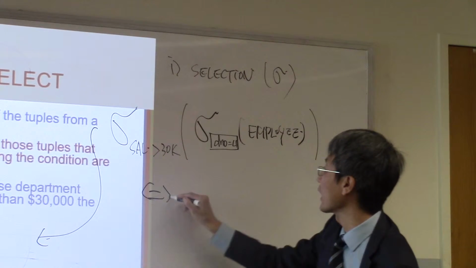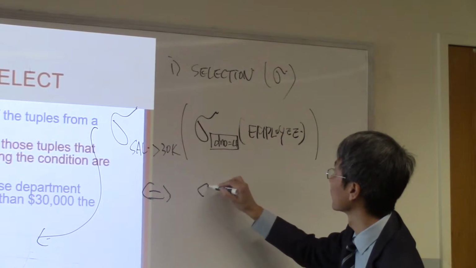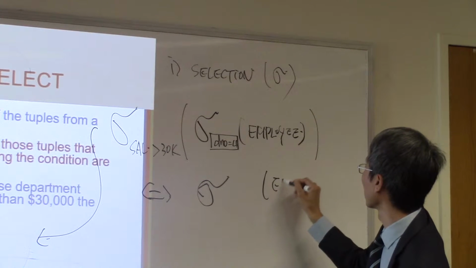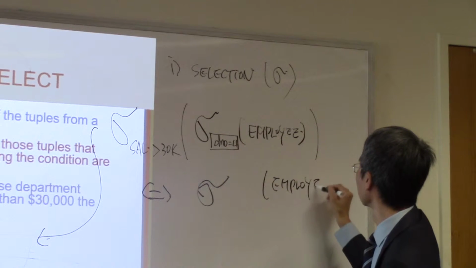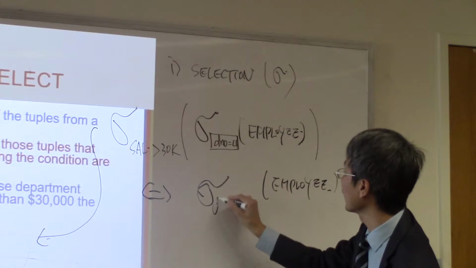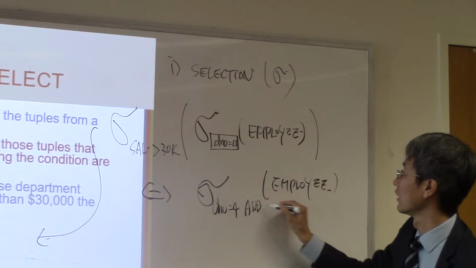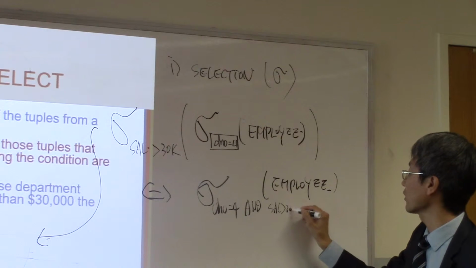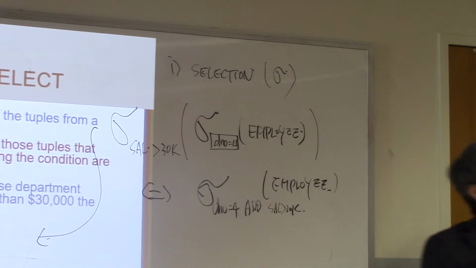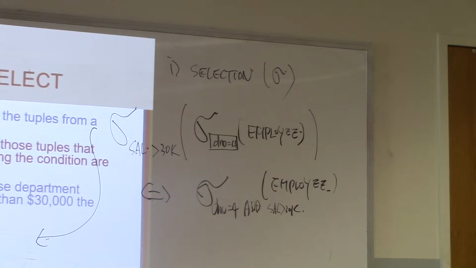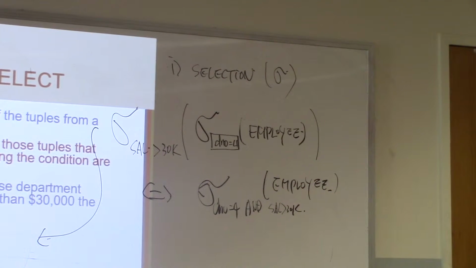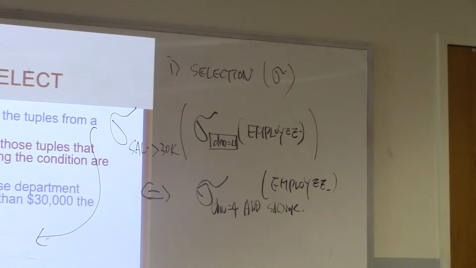So this is the same as select employee where DNO is equal to 4 and salary is bigger than 30K. We can use logical operations also: and, or, others.